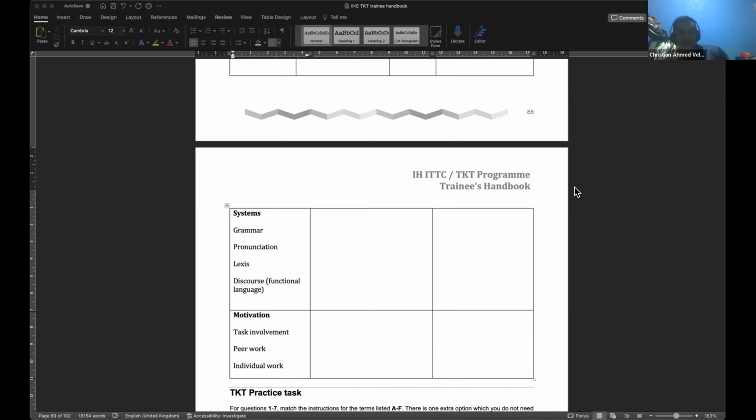In pronunciation, maybe that they underline where is the stress in a sentence. In pronunciation, yes, it could be.